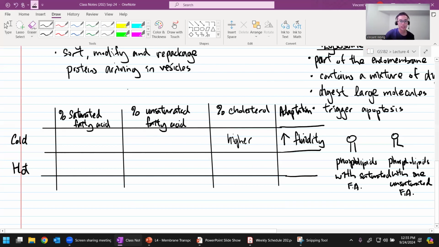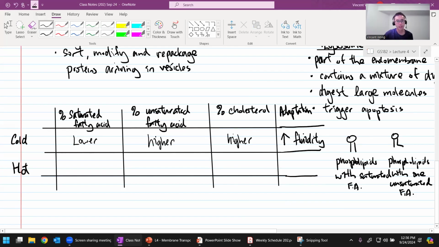Just think back to the lipid stuff. Which one is liquid at room temperature? Unsaturated or saturated? Does anybody remember? Unsaturated fatty acid is liquid. That's right. So if you want your membrane to be more fluid, you want a higher percentage of this stuff. And you don't want too many saturated fatty acids.